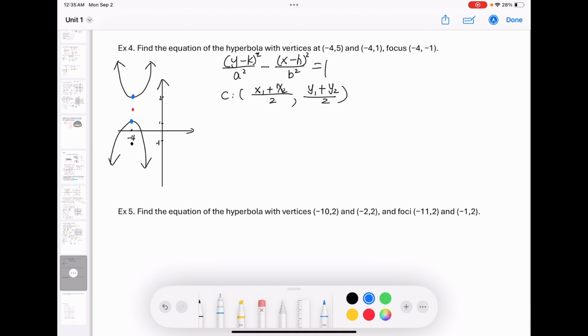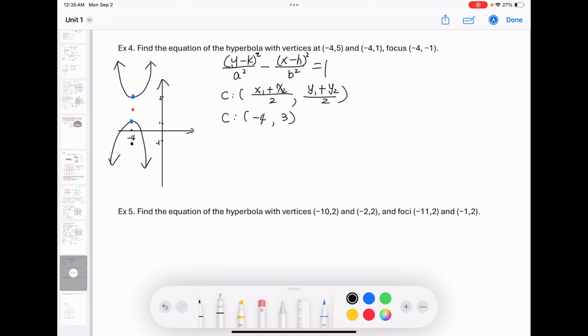So we can plug in the x values and the y values in this formula. The center C is a point. On the top is -4 plus -4 divided by 2, which is -4. And you can also tell from the image, it has the same x value. Okay, how about the y part? 5 plus 1 is 6. 6 over 2 is 3. So the center is -4, 3.